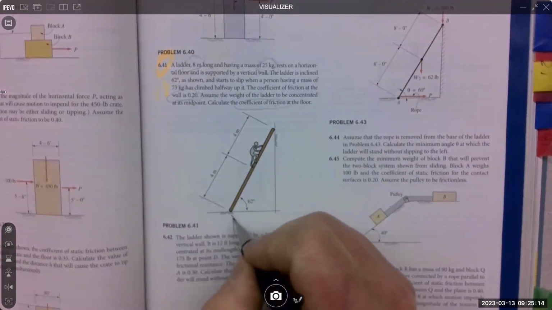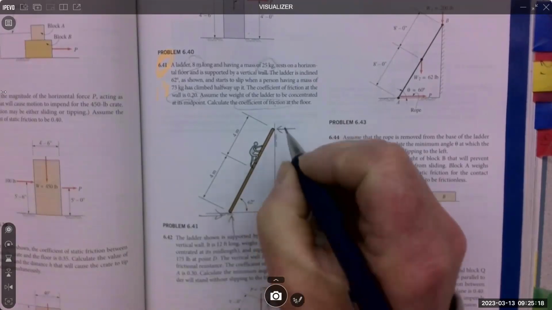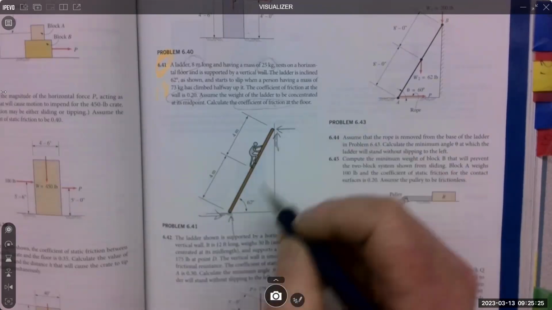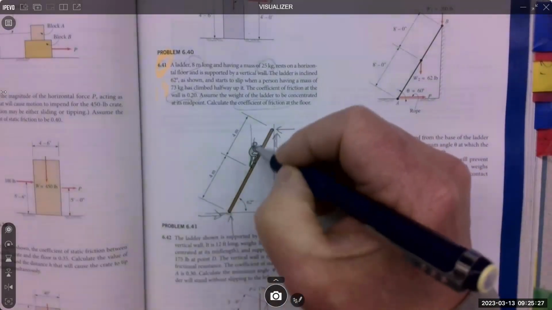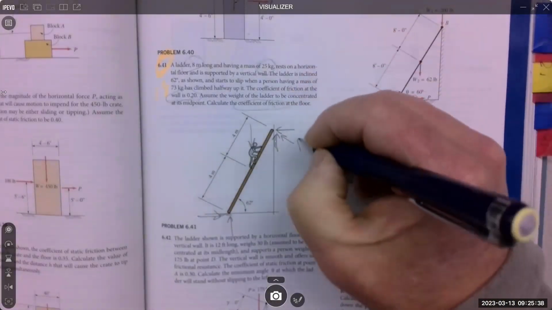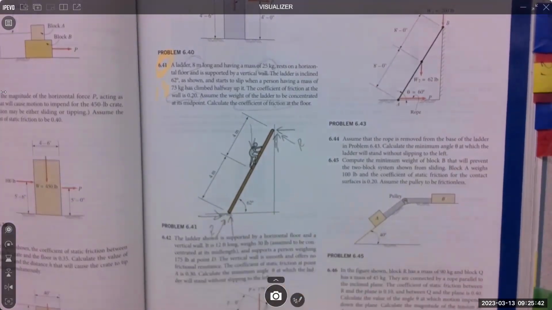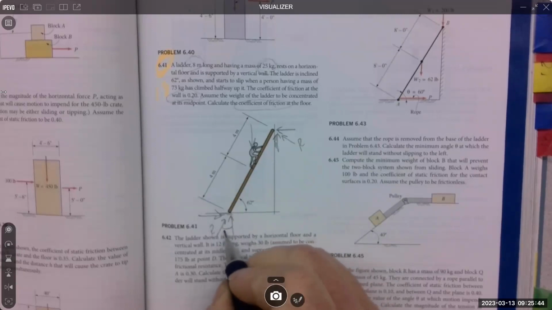So what you're going to do is go here, here, and here, and here. So you're going to have a lot of unknowns, 4 of them. This we know as a weight, and we know its location. So you're going to want to put in R here, and R here. What you don't know is that.